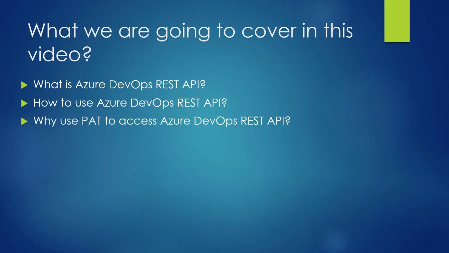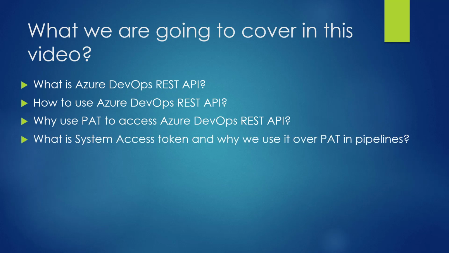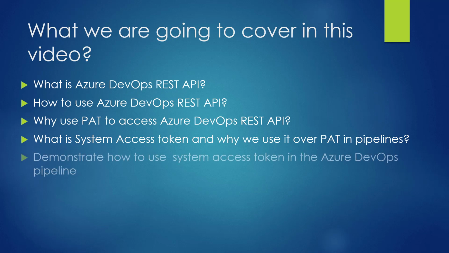After that, we'll discuss the use of the Personal Access Token, and we can discuss what is System Access Token and why we use it over Personal Access Token. Finally, I will demonstrate how to use System Access Token instead of Personal Access Token in a build pipeline.